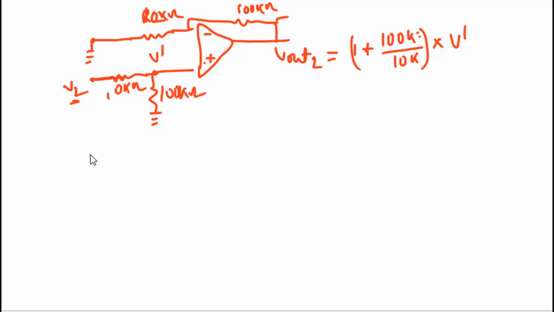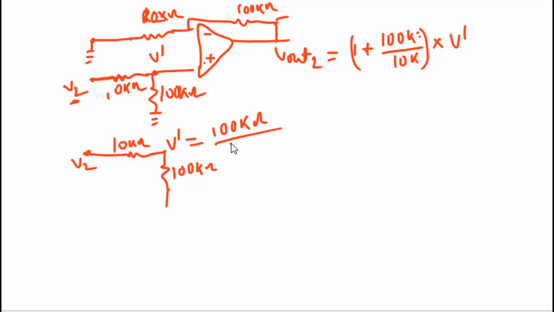So how will you calculate this V prime? You have V2 with a 10k ohm and a 100k ohm resistor. This is nothing but a voltage divider circuit, which gives V prime equal to 100k over 100k plus 10k times V2.